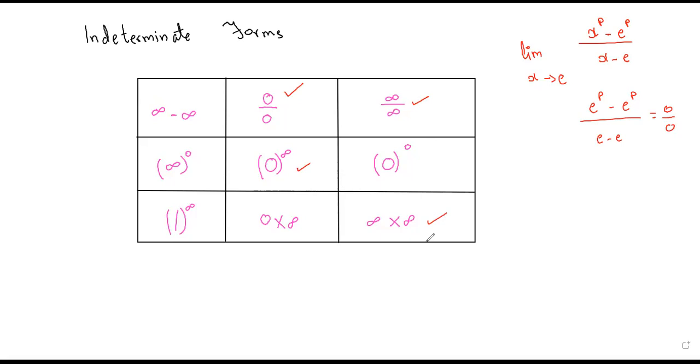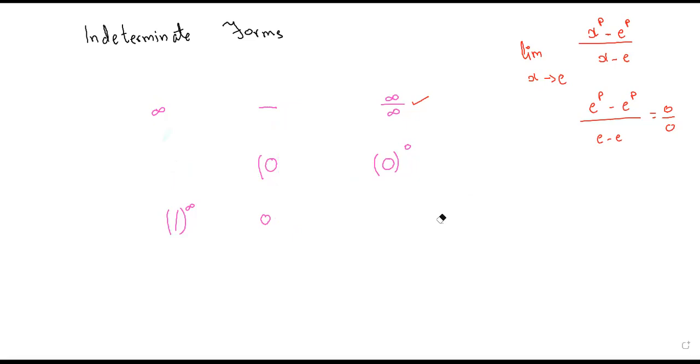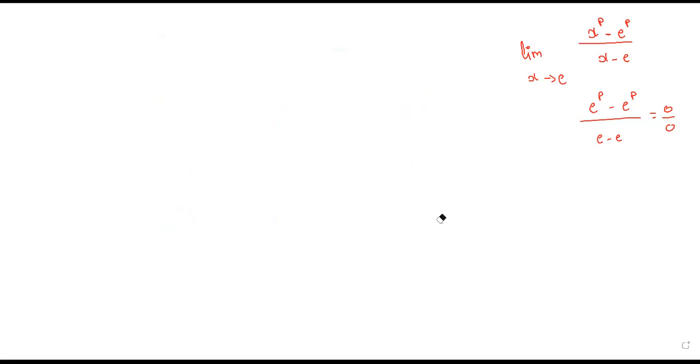Let's talk about how to modify the function. For modification of the function, we have multiple methods, but there's one method which we can use every time, and that is called L'Hopital's rule.